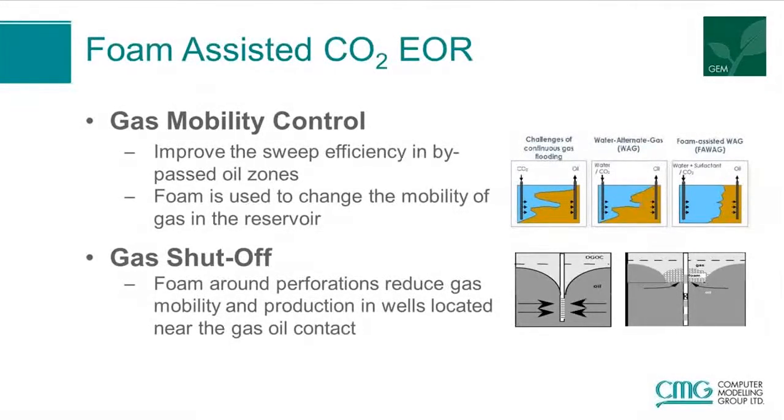The injection of water with the gas is suggested to improve the displacement efficiency or sweep efficiency in gas flooding. But still, there are some issues with gravity segregation and gas fingering in the WAG processes. By adding foam into the WAG process, you can improve the sweep efficiency.